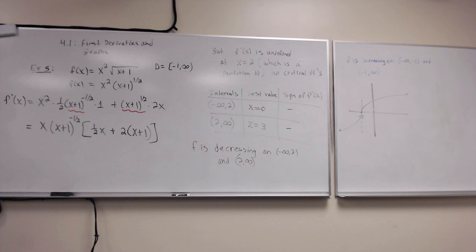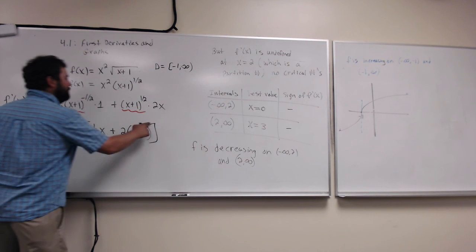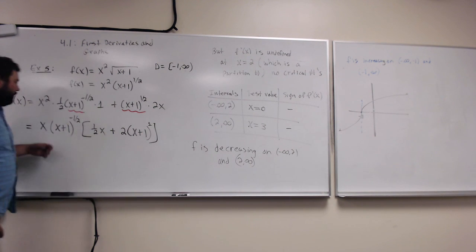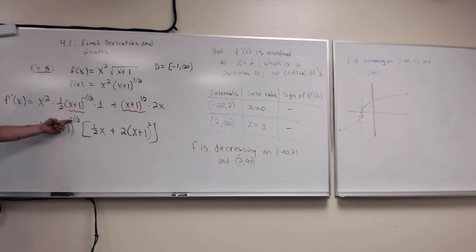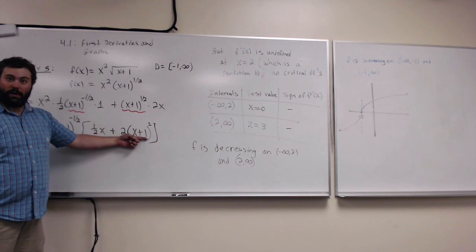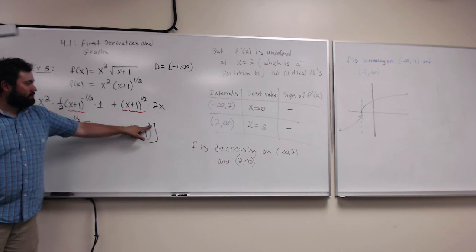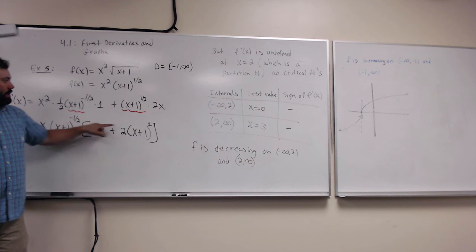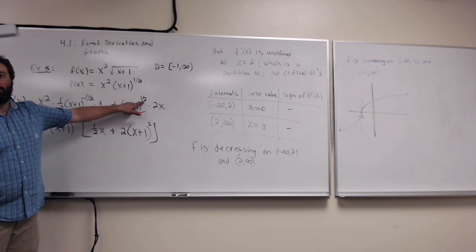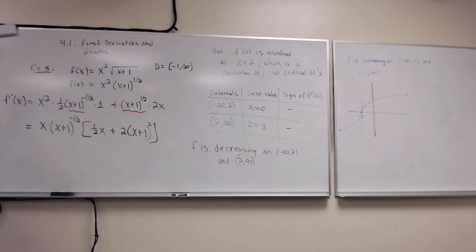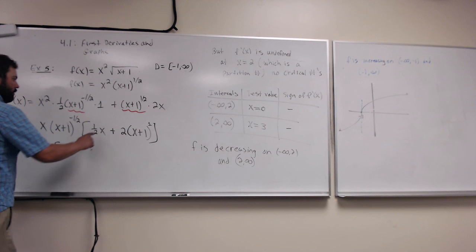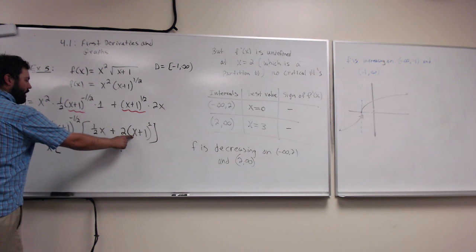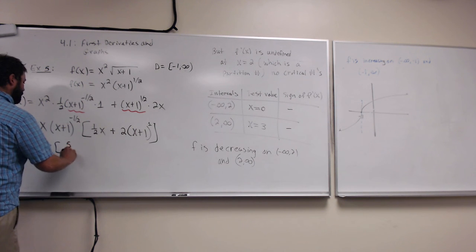How did I know I have a power of x plus 1? Well, because if I distribute the x plus 1 to the -1/2 back through and multiply it by this, you add these exponents together, -1/2 plus 1 would give me an x plus 1 to the 1/2. Okay, and then now when you simplify this, it's going to be x times 1/2 x plus 2x is going to be a 5/2 x.